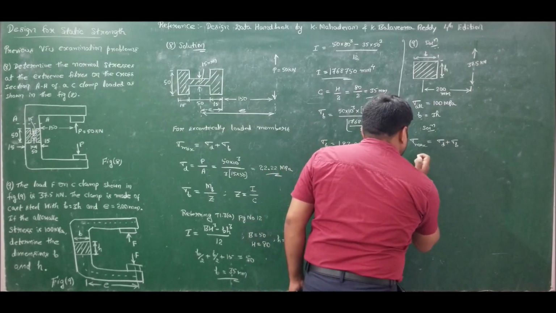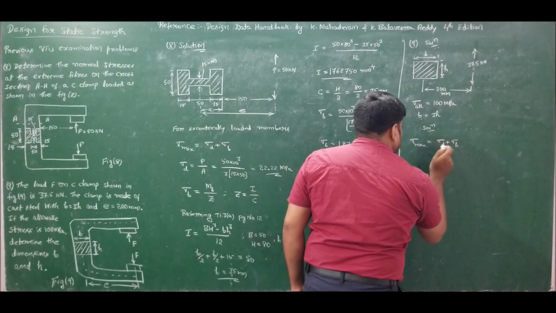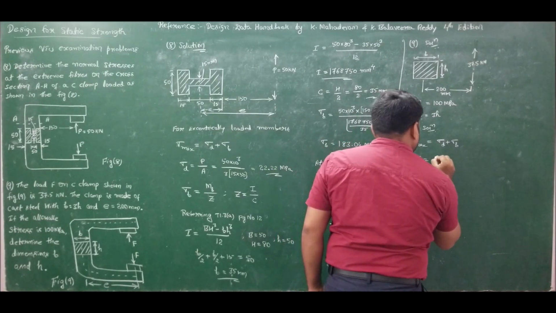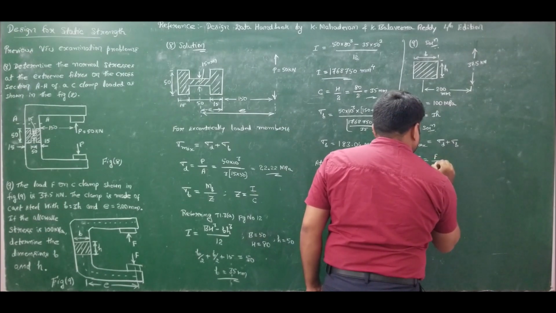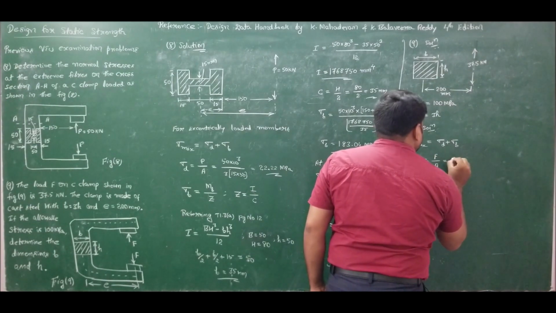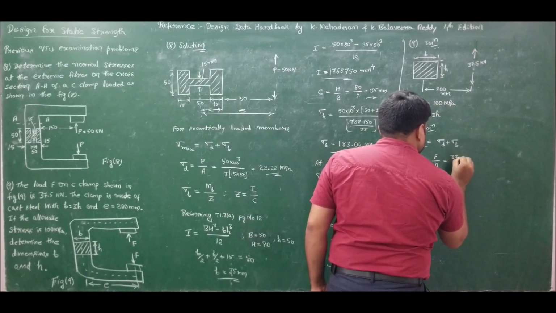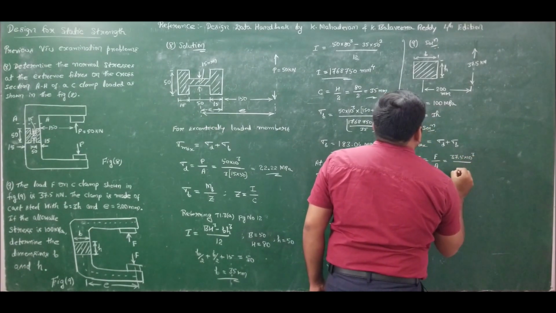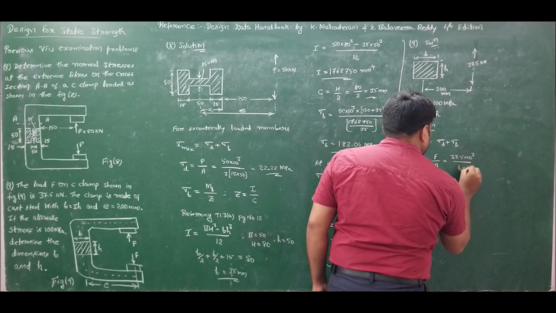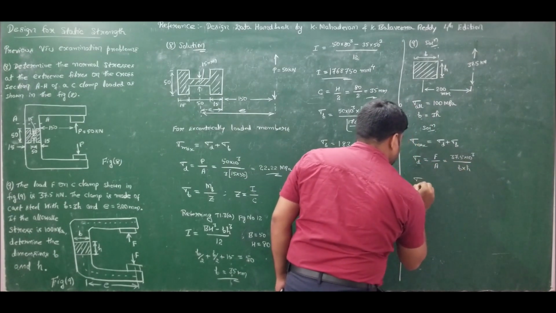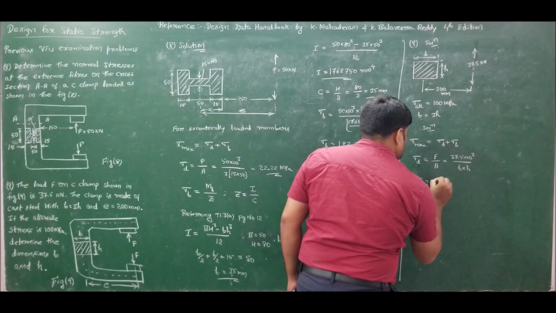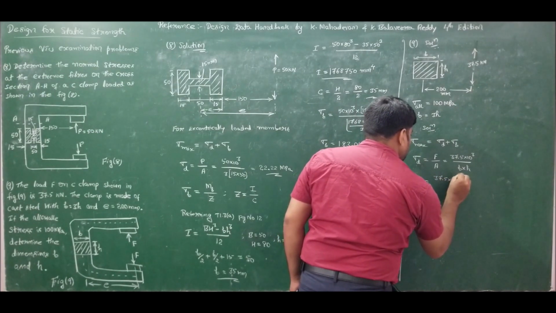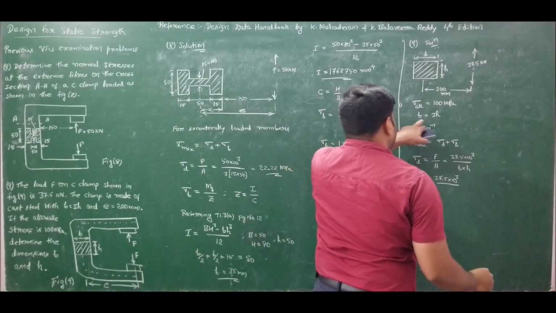Now let us solve one by one. This is at inner fiber. Now sigma direct is force by area. We have force F by area. F is 37.5 into 10 to the power of 3 newtons divided by area, which is B into H. Hence the direct stress will become 37.5 into 10 to the power of 3 divided by B, which is 3H.